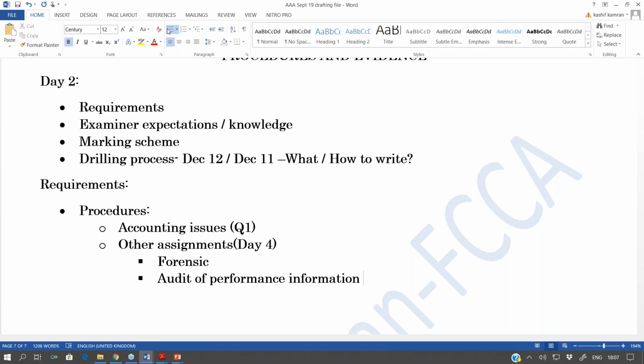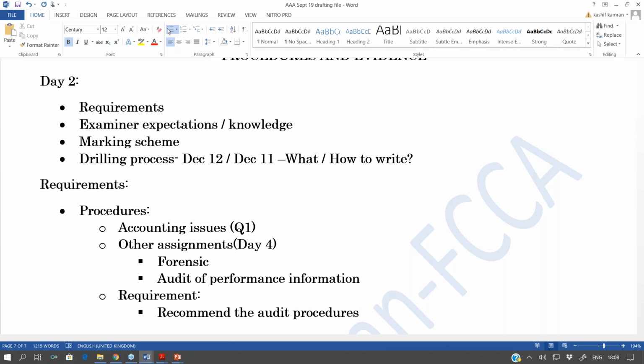Now, what exactly does the examiner ask for in a procedure? That's very simple. When you look at the requirements for procedures, they are very simple. The requirements simply ask to recommend the audit procedures.